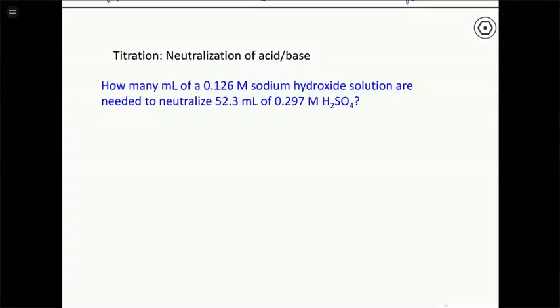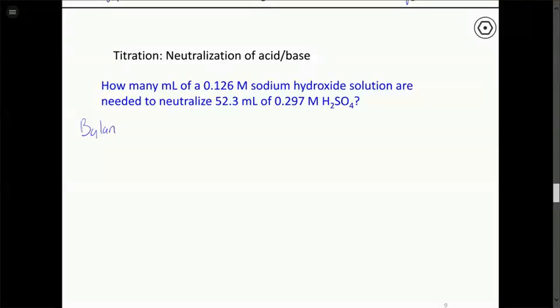So just like any stoichiometry problem, for a titration problem we need to have a balanced reaction, or at least a reaction where we know the ratios of the two reactants. To review how we write equations for acid-base reactions, we have our base plus our acid.